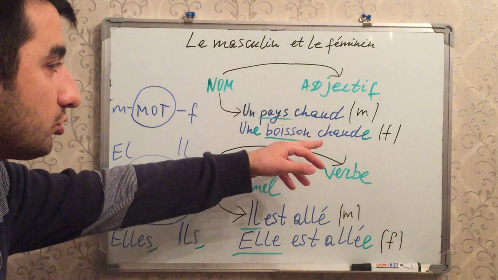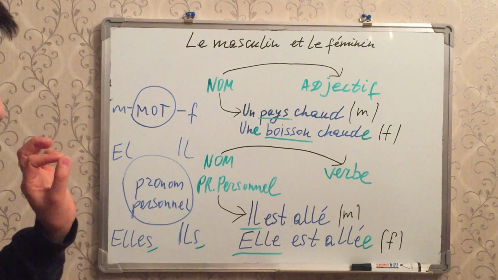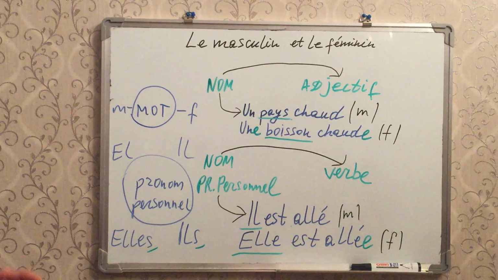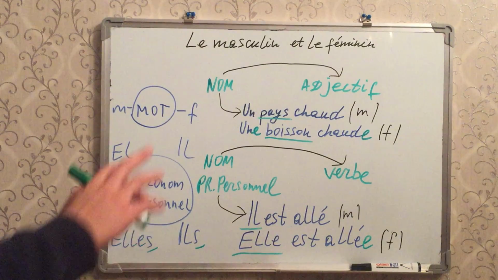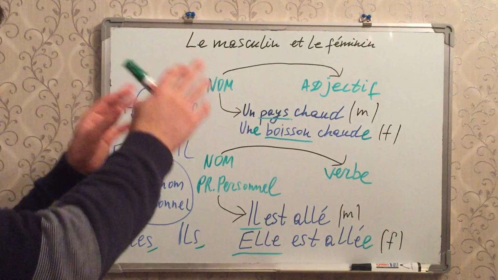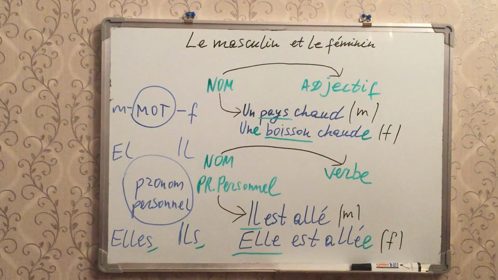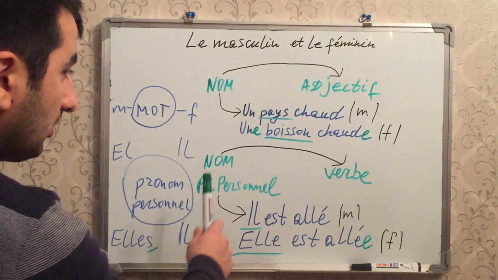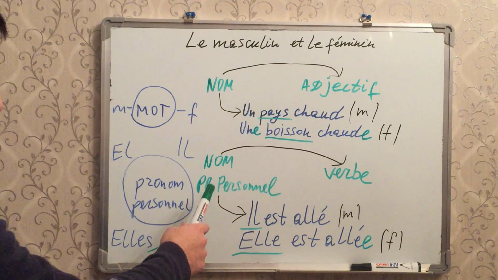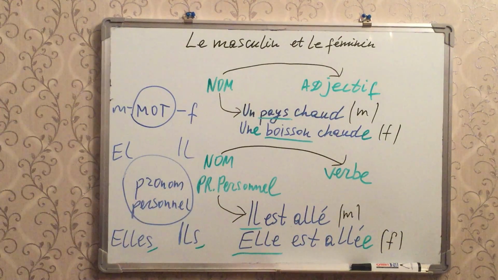Une boisson chaude. Une is article a, boisson is a drink, chaude is hot. Une boisson chaude means a hot drink. Okay. It is the first part of a gender of a word. The second part is it depends on both a noun and a personal pronoun, pronom personnel.